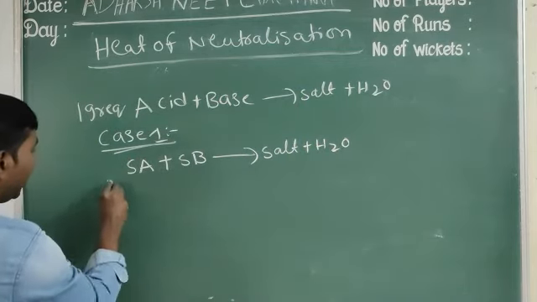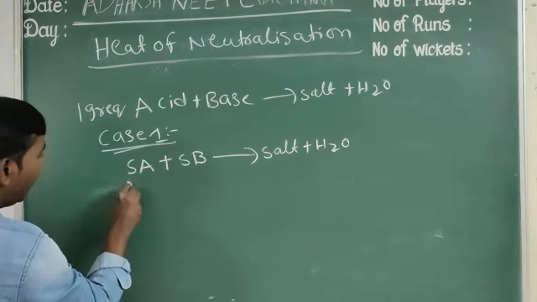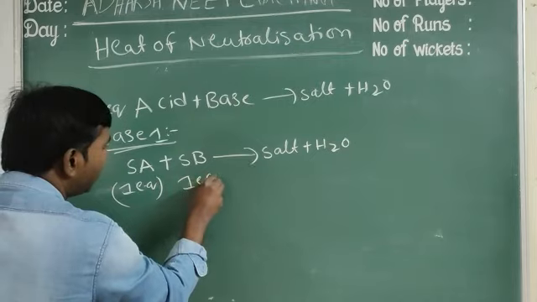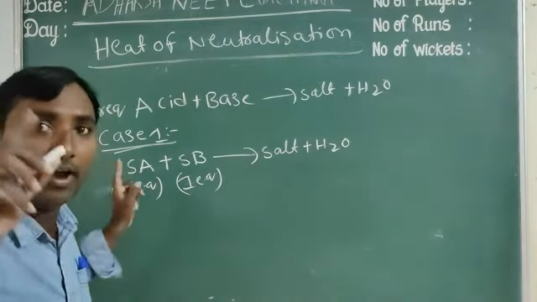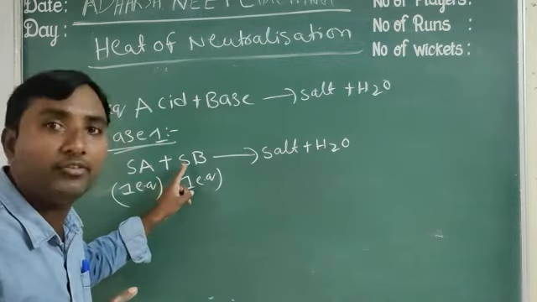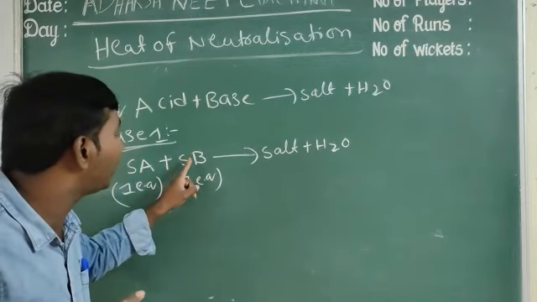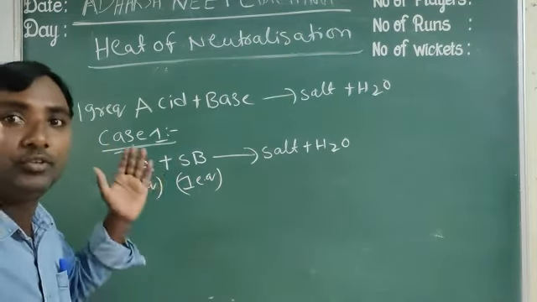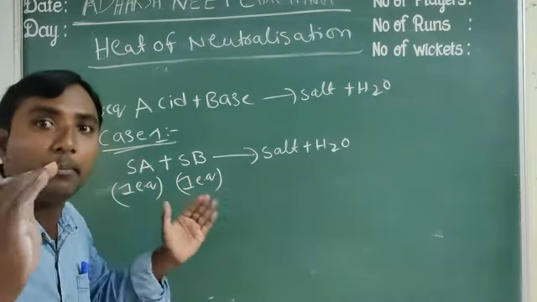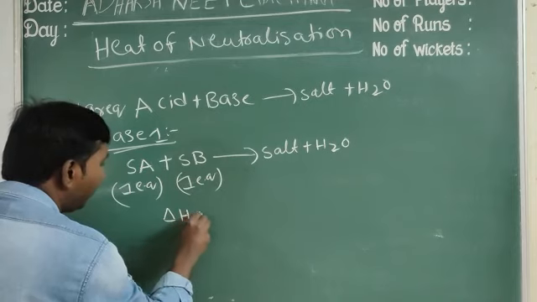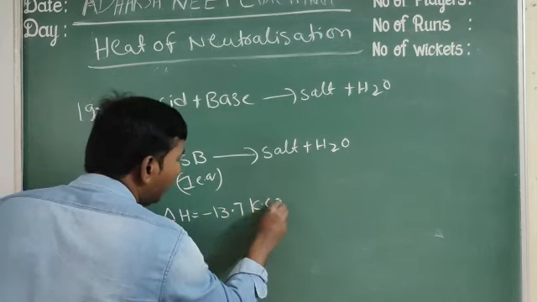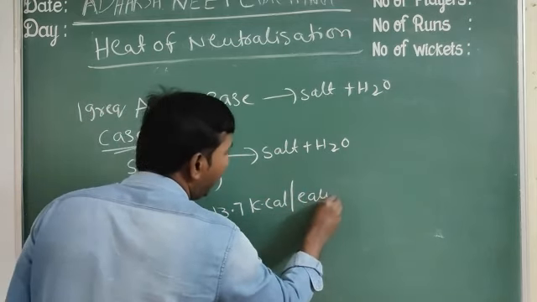So 1 equivalent of strong acid is neutralized by 1 equivalent of strong base. How much heat energy is released? This value remains constant. That value is del H equal to minus 13.7 kilocalories per equivalent.